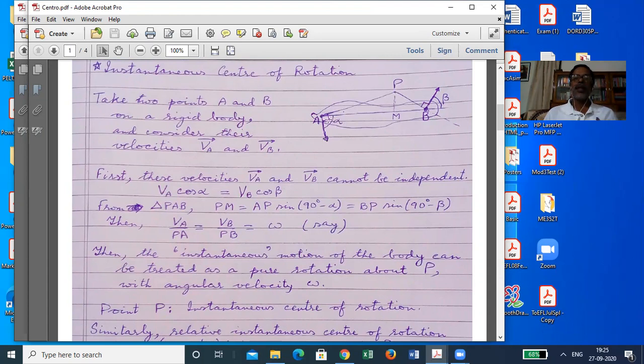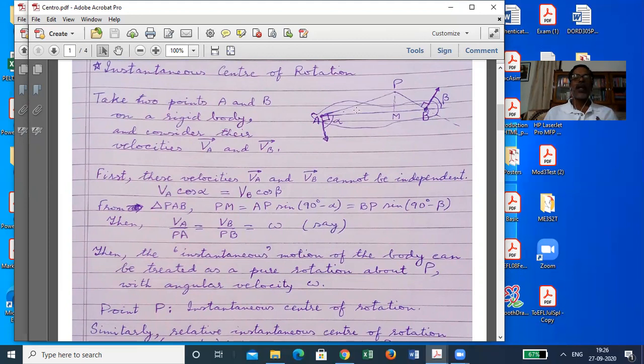You see, this is a right angle. So what I have done is that whatever is the velocity direction, to that I have drawn a perpendicular. Here also, whatever is the velocity direction, to that I have drawn a perpendicular. And at whichever point these two perpendiculars intersect, that point I have named as P.